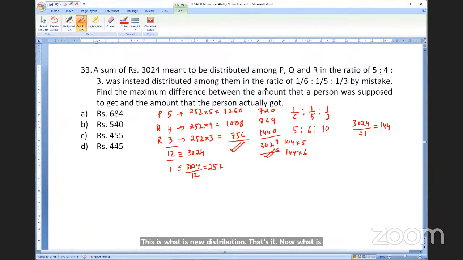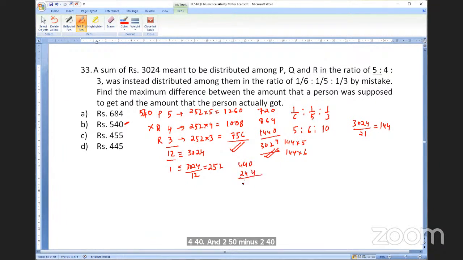Find the maximum difference between the amount that the person was supposed to get and the amount that the person actually gets. Here we can see the difference is 540 for P. We have that in the options. For Q, it is less than 200, not considering. For R, it is more.